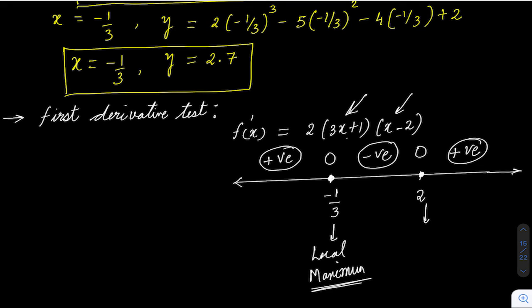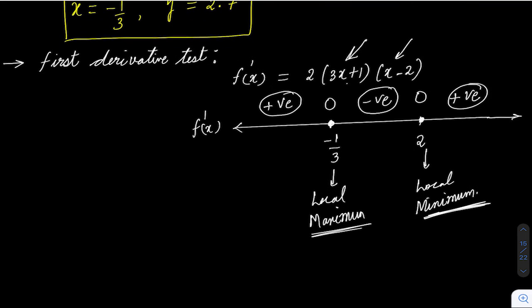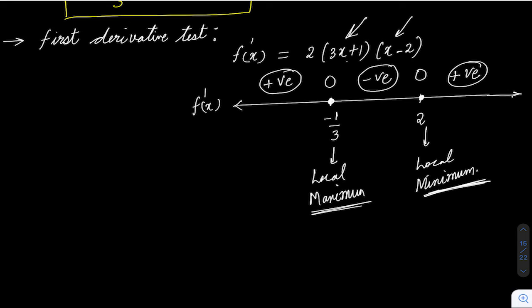So negative to positive, then you have a local minima. So this is my first derivative test. In the first derivative test, you have to see the signs of f dash x, and then you can decide whether it is local maxima or minima.